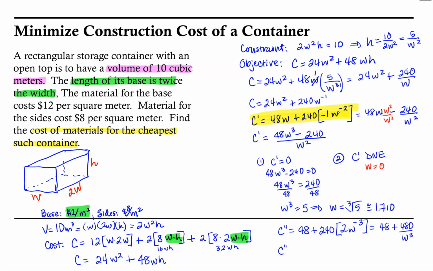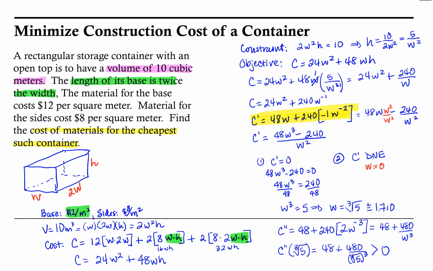So c double prime at our critical point, cube root of 5, is going to be 48 plus 480 over the cube root of 5 cubed. So we have a positive number plus a positive number. So that is definitely going to be a positive number.